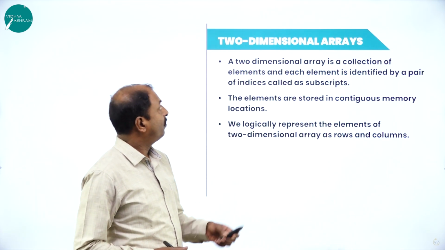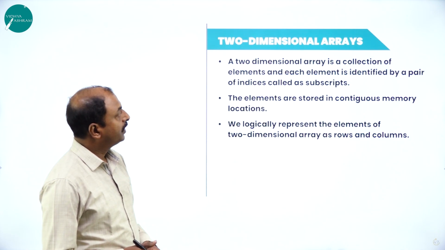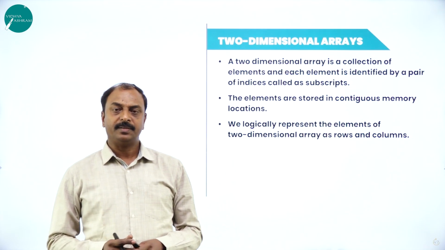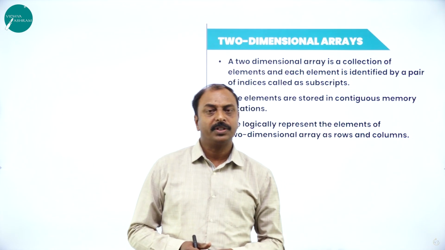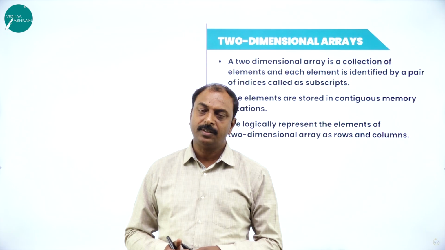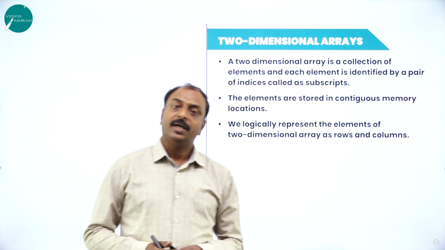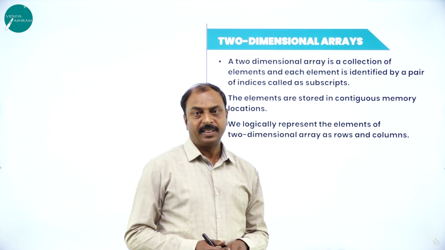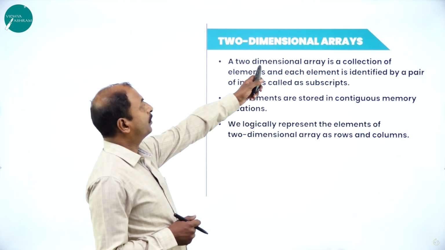Now let us see what is two-dimensional array. Here, two-dimensional array is nothing but the data items are arranged in more than one row and one column, and here we represent the particular data item with two subscripts. Look at the definition.